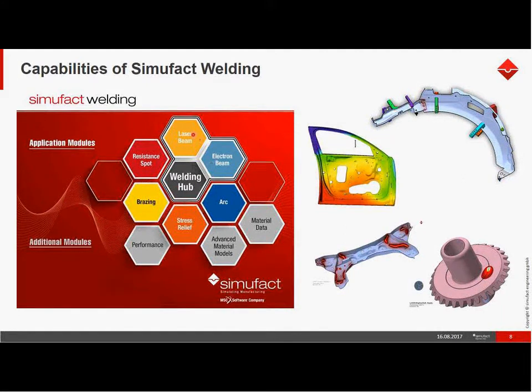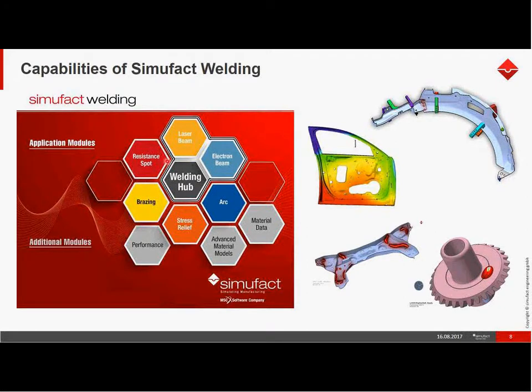We also provide different modules that alter the default settings a little, depending on whether you want to simulate a laser beam welding process, an electron beam welding process, an arc welding process, or a brazing process. We have the possibility to perform a stress relief heat treatment, which is basically putting your welded material, or even your unwelded material, in an oven and subjecting it to a certain temperature curve.